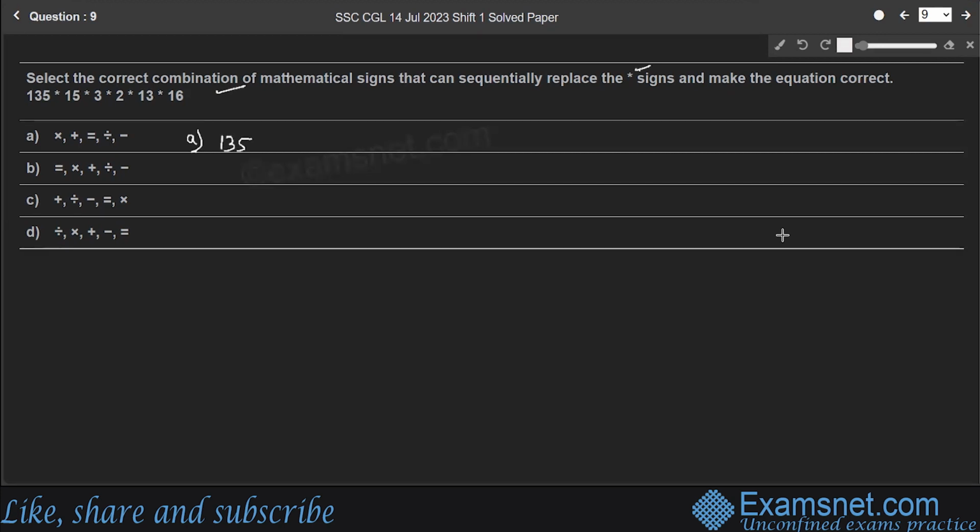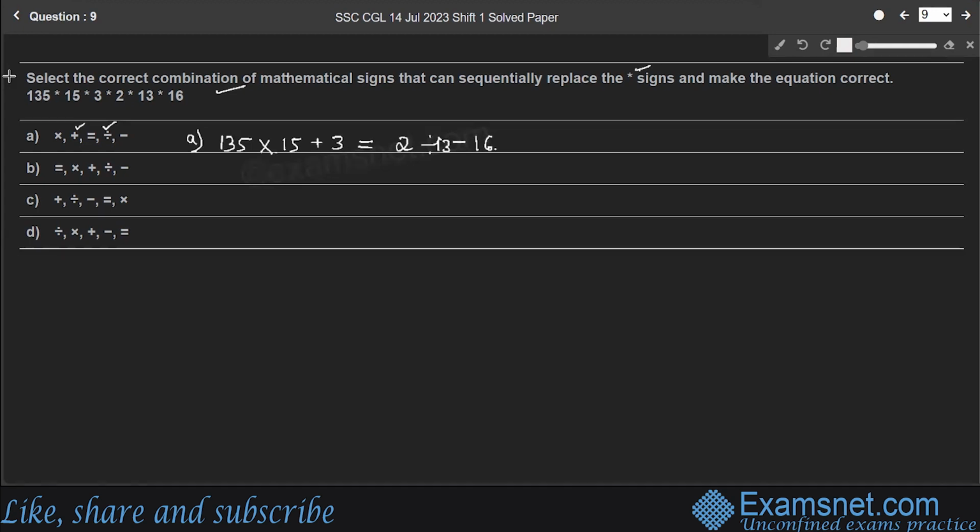In place of the first asterisk, let us place into 15. Asterisk 3 means plus 3. Asterisk 2 equal to 2 into 13 becomes divided by 13 minus 16. That means we need to check whether LHS is equal to RHS or not, right?